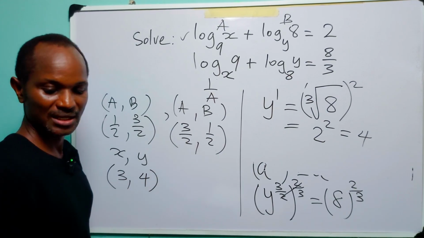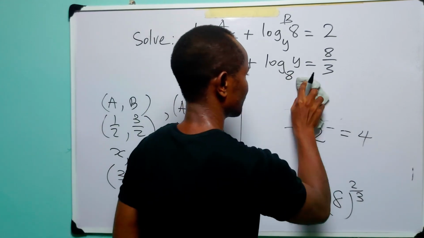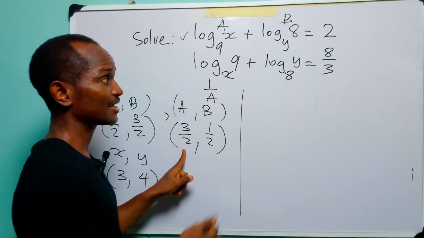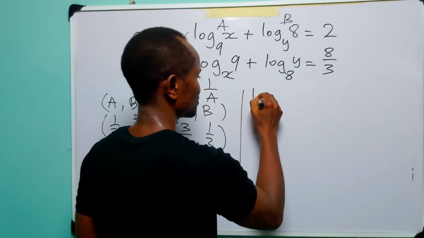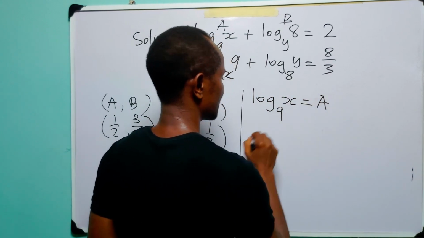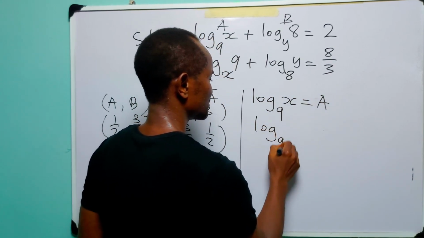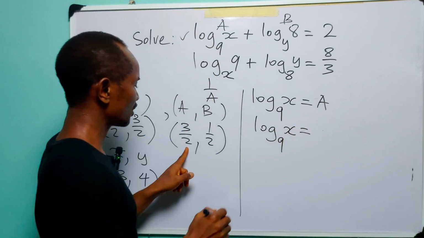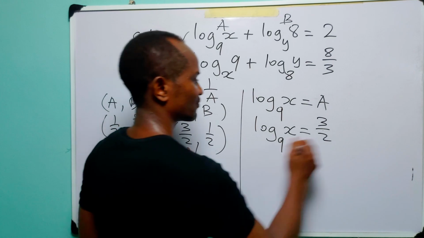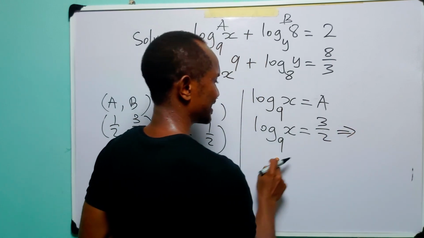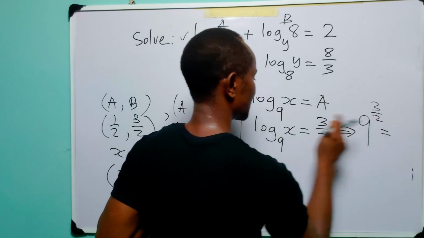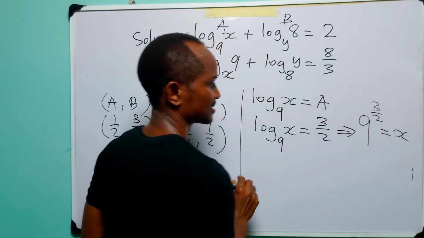Now we do the same thing for the second point. Once more, to calculate the value of x from this value of a, we go back to this substitution. So we have log₃ of x is equal to a, so log₃ of x is equal to 3/2. And of course, from here we have that 9 to the power 3 over 2 is equal to x.